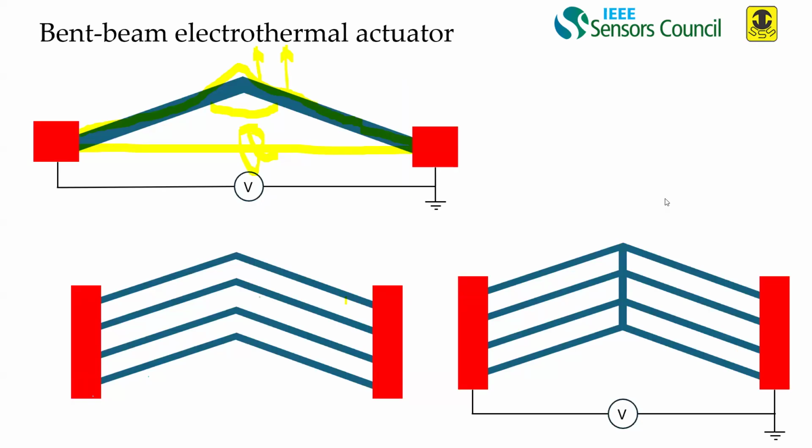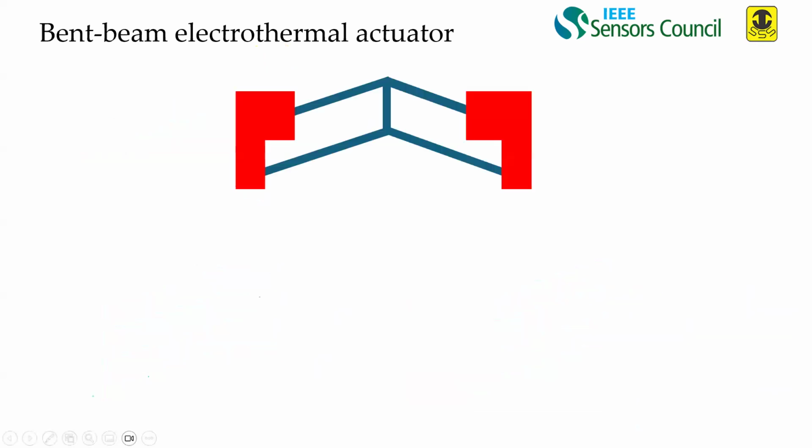Let's say this is one of my designs, a uniform one. Similarly, if I make the same actuator but change the cross section, you can see here, if I change the dimensions of the beam, what will happen?